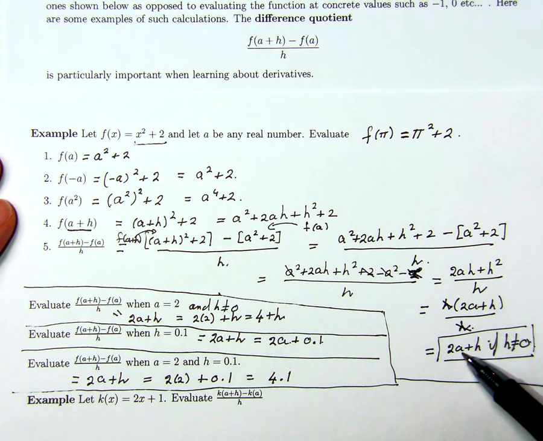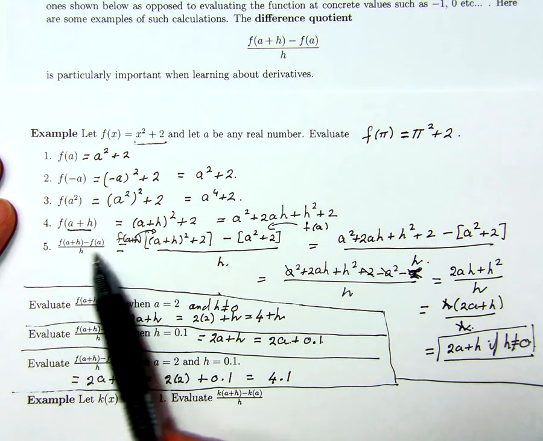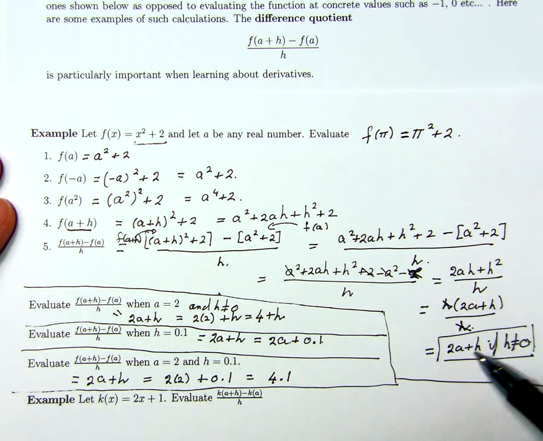This holds for any a in the real numbers and any h not equal to 0. So this is a general formula. I get a general formula depending on a and h. In fact, it's a function of two variables, a and h.